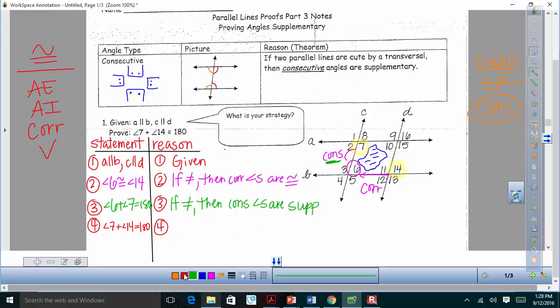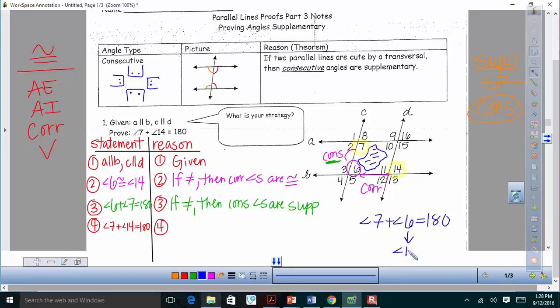Okay, so we know that angle 7 plus angle 6 equals 180. We want to prove angle 7 plus angle 14 equals 180. What angle is 6 also equal to? 14.